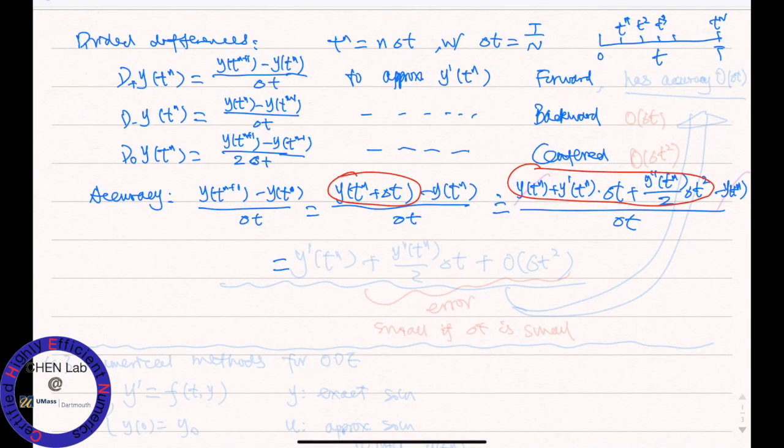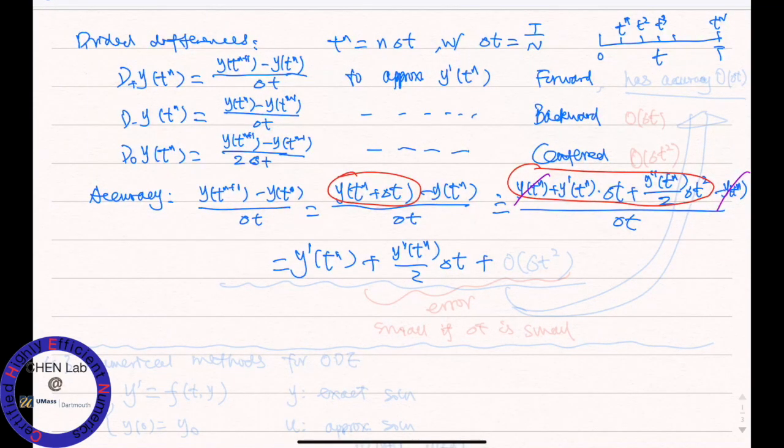So in this thing, we can cancel y at Tn with this y at Tn. We're going to get y prime at Tn times delta t, but divided by delta t, so we're going to get y prime at Tn, plus y double prime at Tn over 2 times delta t squared. Delta t squared cancels delta t below, you're going to get delta t.